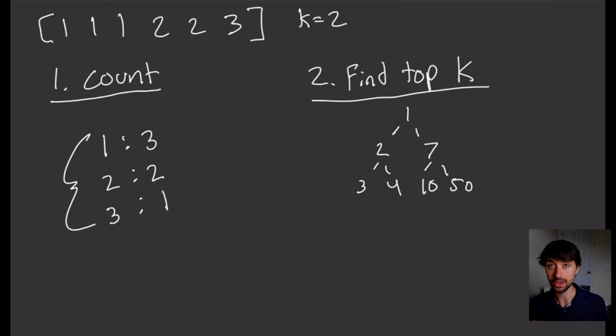But what's really cool about heaps is that when you add something new or remove something, the heap automatically re-updates itself to maintain that heap property. So for instance, if I added a 12 to this heap, it would figure out that the best place for it to go would be perhaps over here.